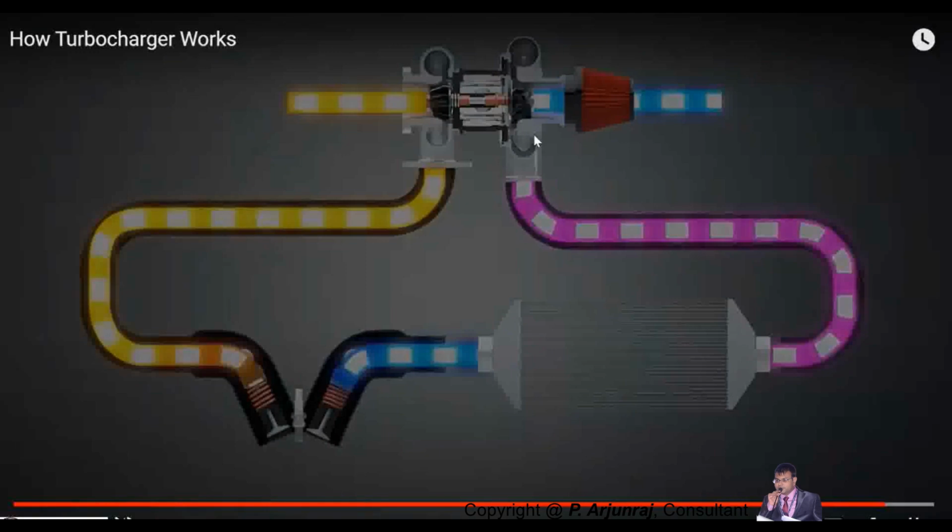And again, when the engine is running at higher RPM, sometimes extra excess boost is not required. You have the valve that will control it; it will open and close. When the boost pressure is higher, it will close, and when the boost pressure is normal, it opens and goes to the turbine and it operates.